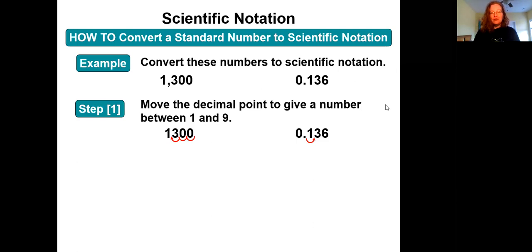So there's an invisible decimal here in 1,300. The invisible decimal point is at the end. We then swoop, swoop, swoop 3 places to the left, and we get a number between 1 and 9, the 1. On the right-hand side, we start with the decimal and we move it 1 place behind the first number that's not the 0.